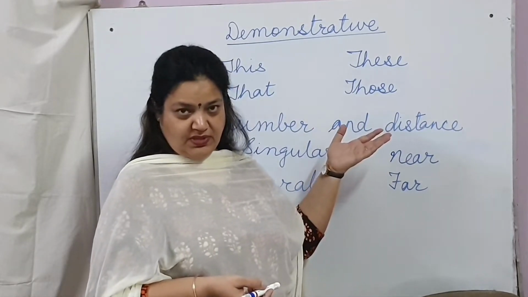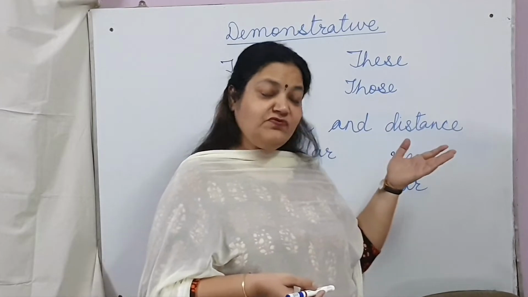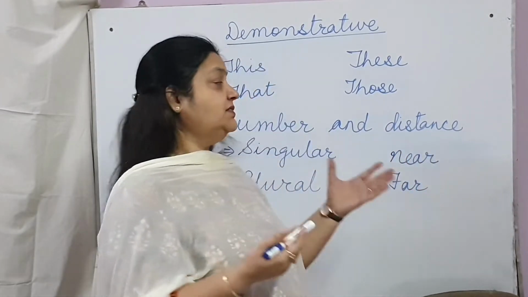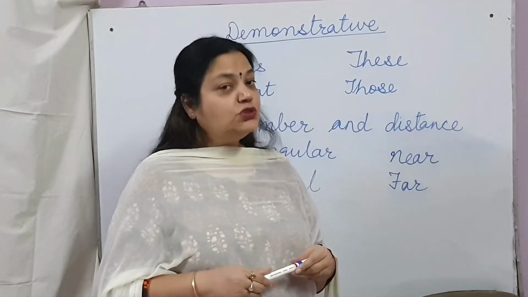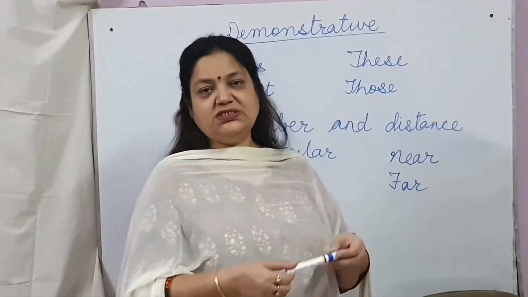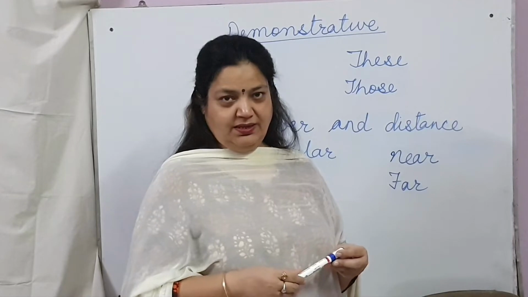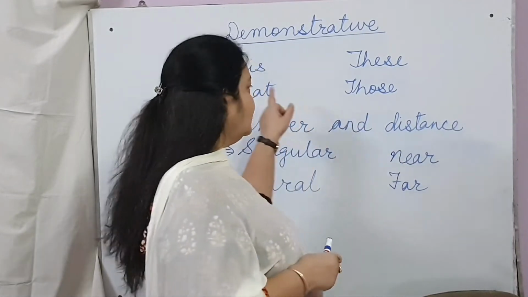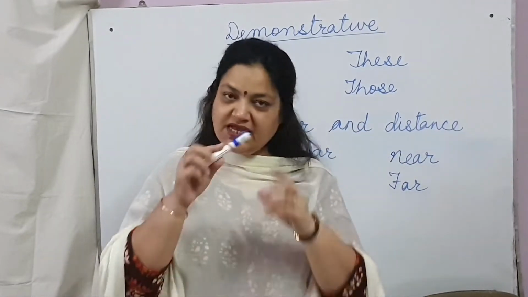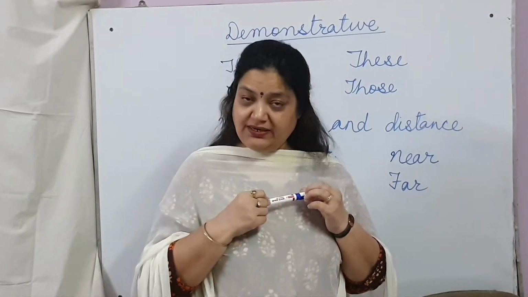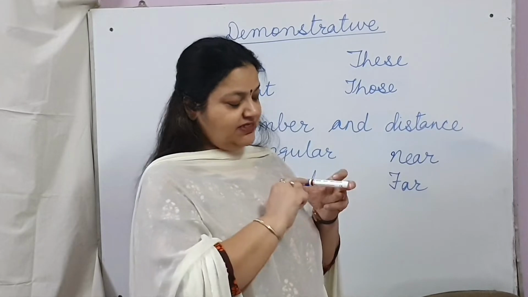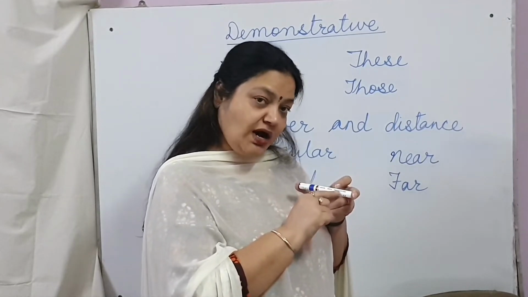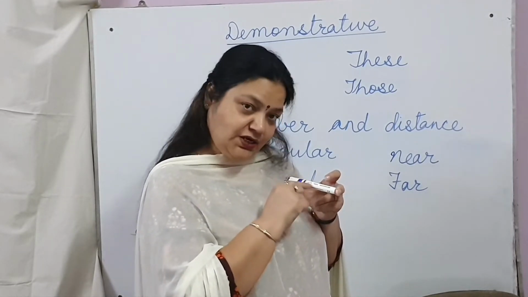Now let us come to another head which is distance. As you must have noticed when I was explaining singular plural, whenever I'm talking about something which is near to me, I say this. This pen is mine. So something which is near to me. Or if I say these marks, so these are very near to me.